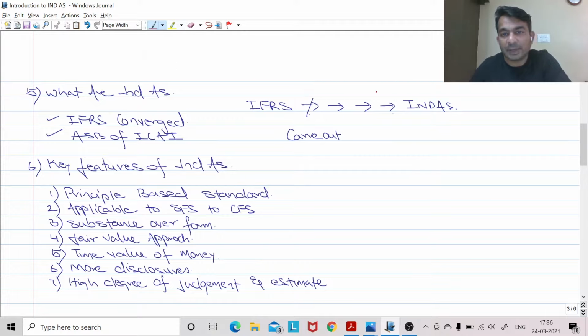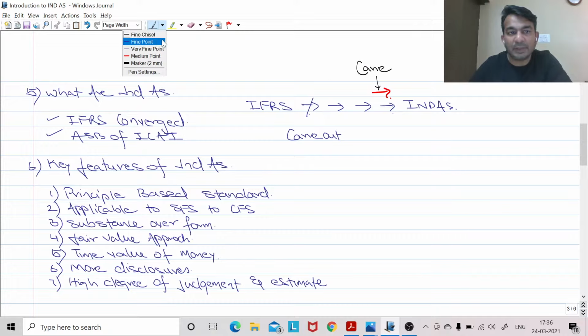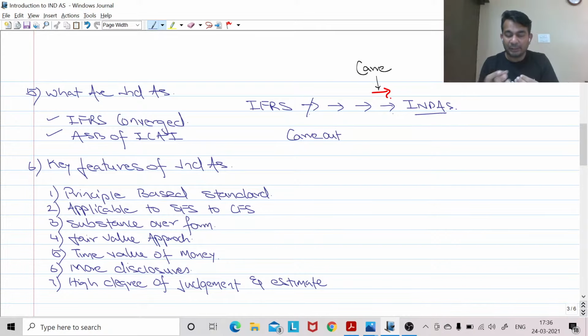We added certain text. And guys, when we added the certain text, this was referred to as carve in. So guys, we had carve out, we had carve in, and finally we had something which is known as IND AS. So IFRS converged standard. IFRS का text उठाया, थोड़ी चीजें निकाल दी, carve out, थोड़ी चीजें add कर दी, carve in, and we get something which is known as IND AS.